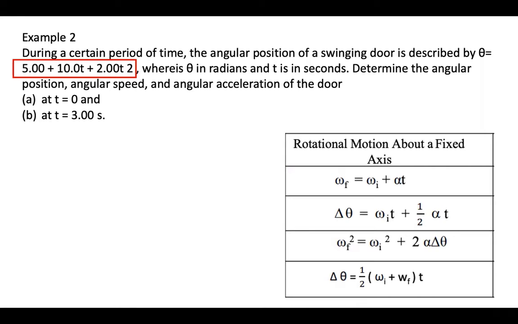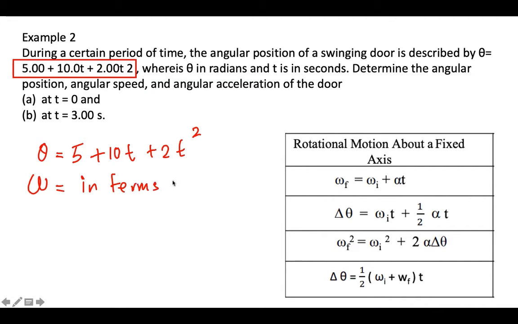If you see something like this, with everything in terms of t, it means that we're going to use the differentiation method. Sometimes it's in terms of t, which means you're going to do the differentiation and the integration.